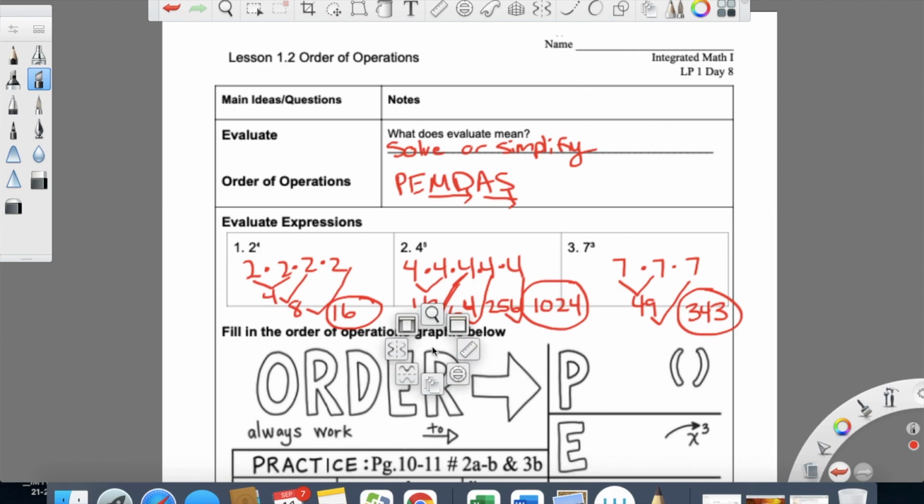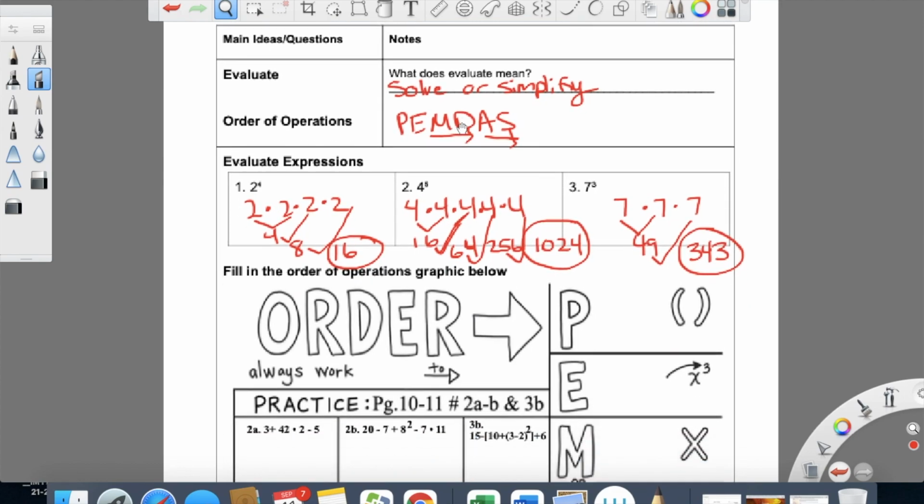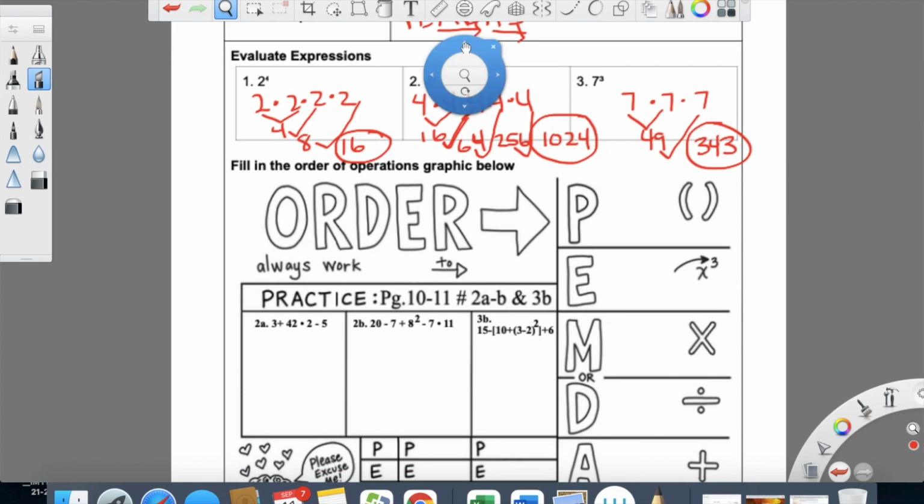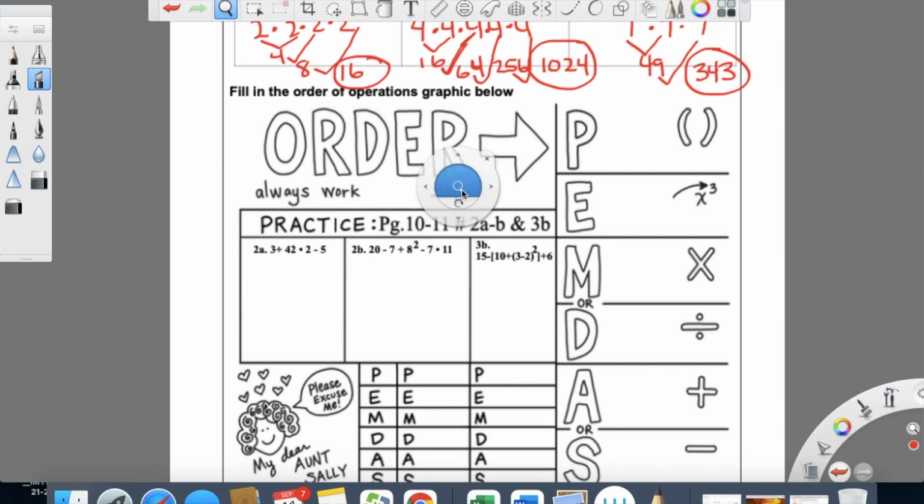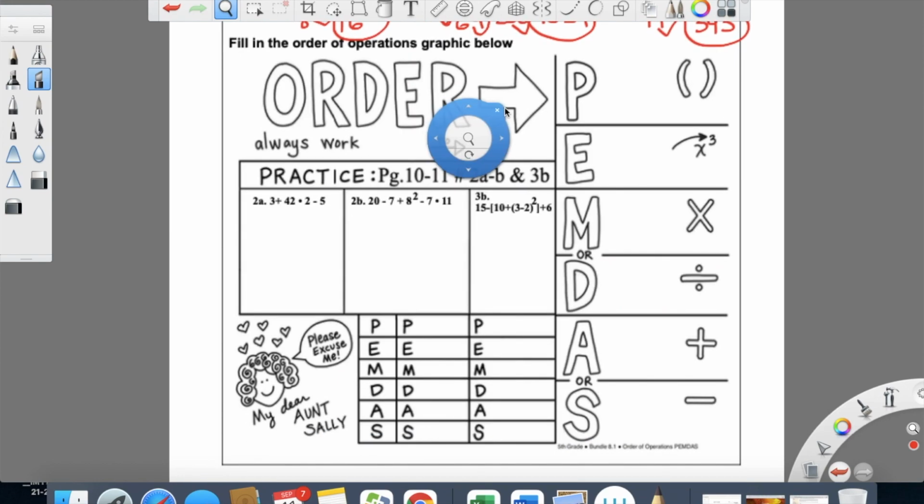All right, let's scooch down and look at this graphic for order of operations. Okay. So this is just kind of a cute little graphic for order of operations to help you remember everything. So the first thing, always work left to right.